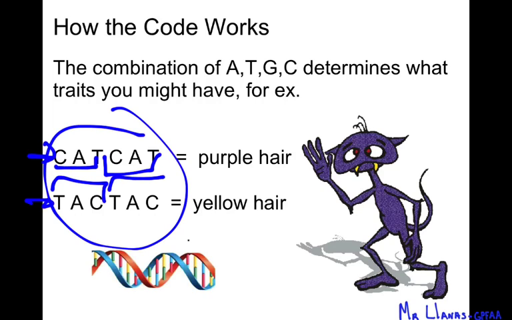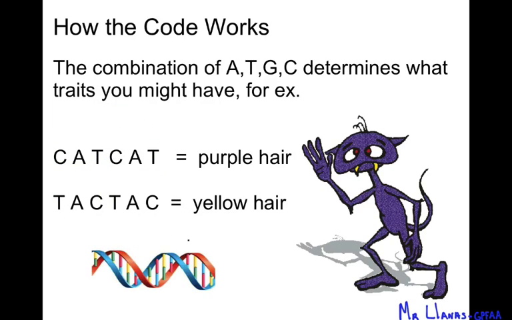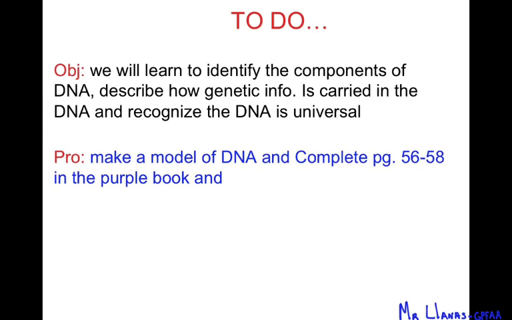This one says tac, because they're in a different order, and it's the same thing in our genes or our DNA. So the way that those bases are organized determines the traits that that organism is going to have. It's those nitrogen bases that carry the genetic information and determine the traits that it's going to have.